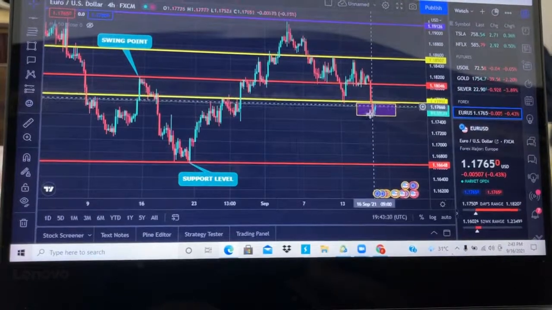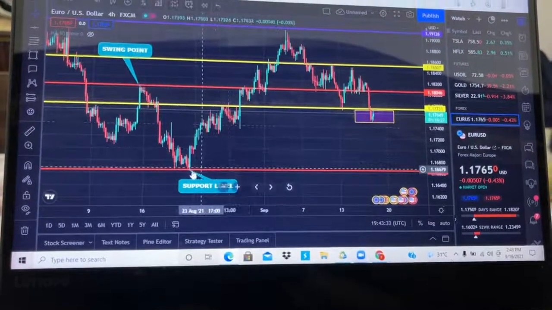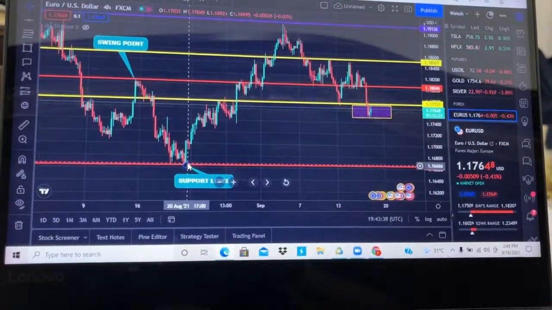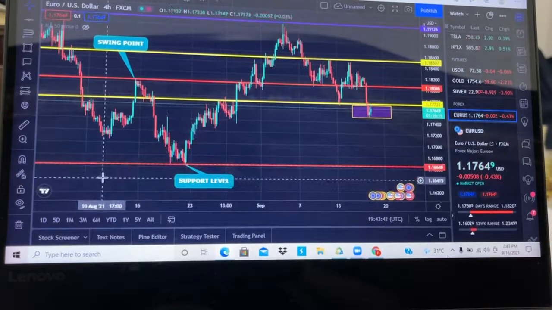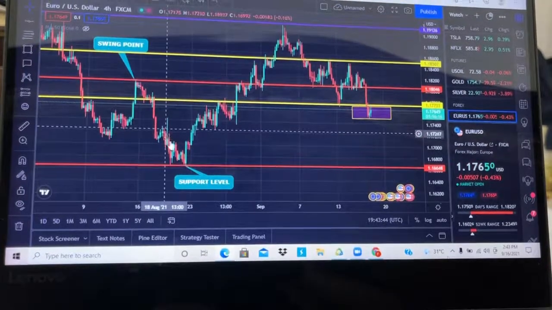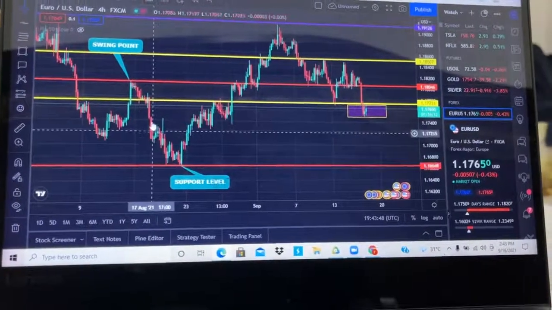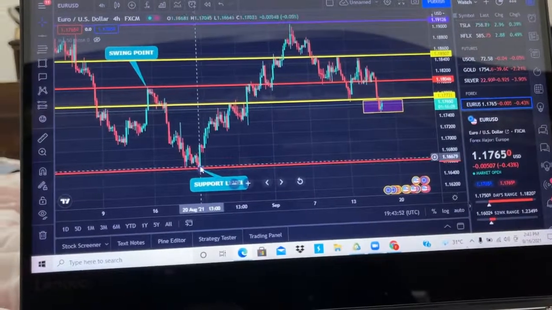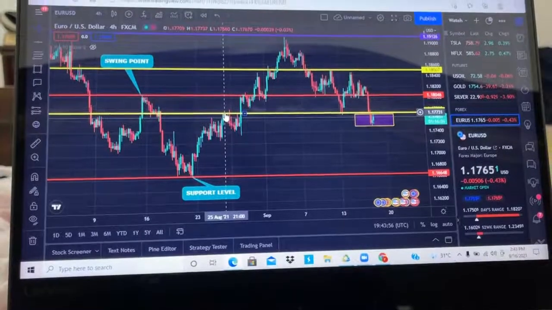So what you would have done, because the swing points and the support are basically sending you a message that it is a strong reversal in the market. The market can reverse at any point, but usually the support is the strongest. Whenever the candles go here, it is most likely to shoot to the opposite side.